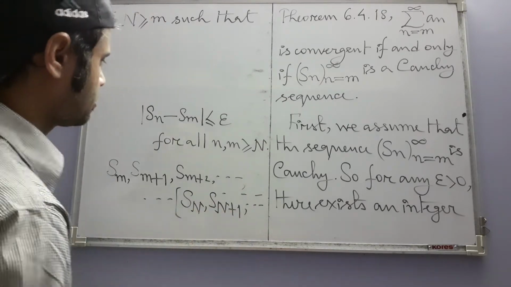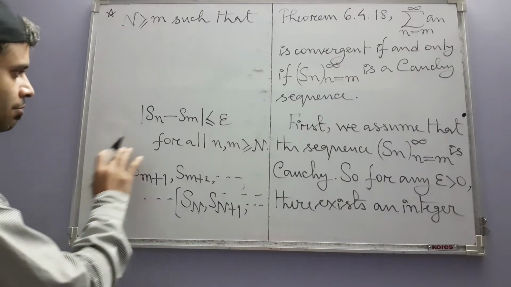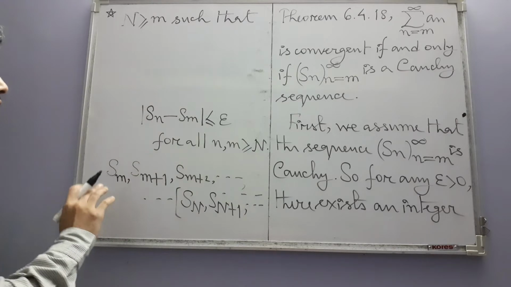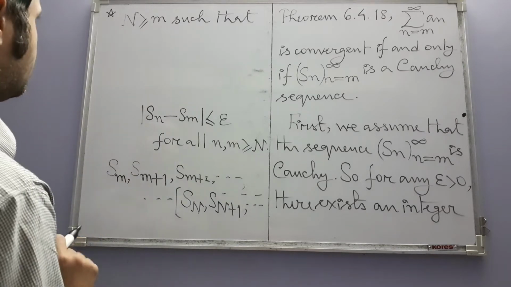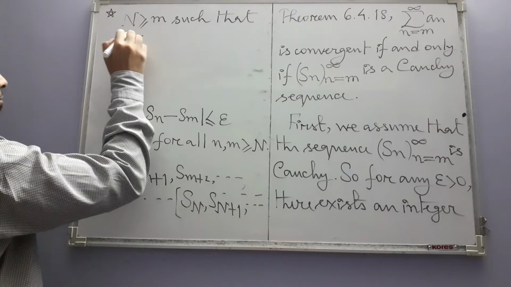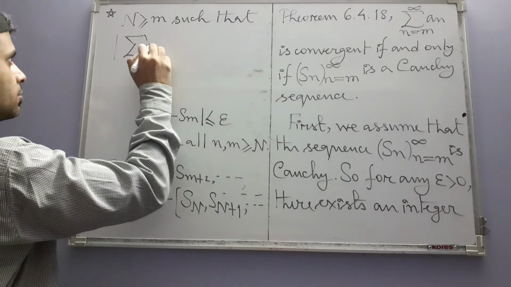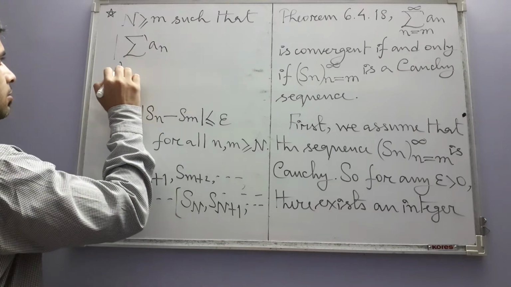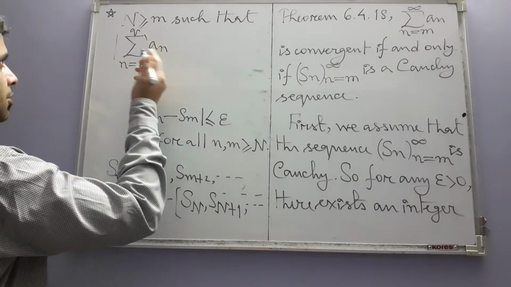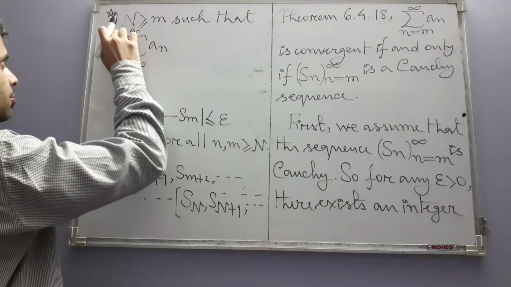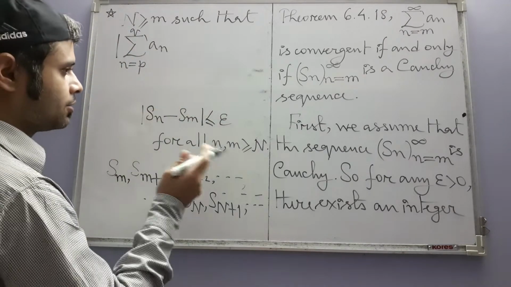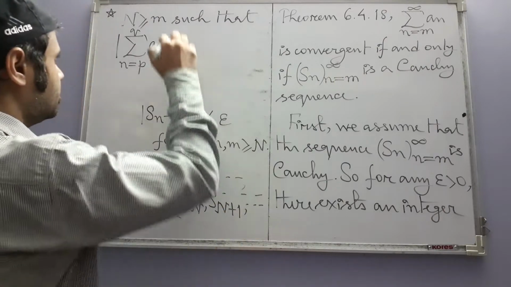That is Cauchiness. But now we will not in fact write the general condition here, but we will write something special. Summation an, where n varies from p to q, because that's what we want, right? We want to show that this thing is less than or equal to epsilon when p and q are greater than or equal to some integer.